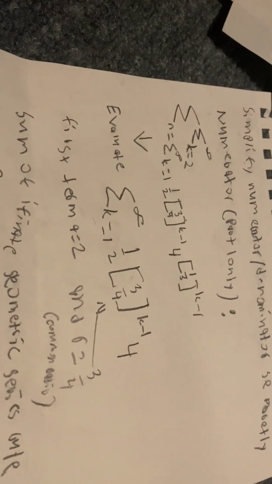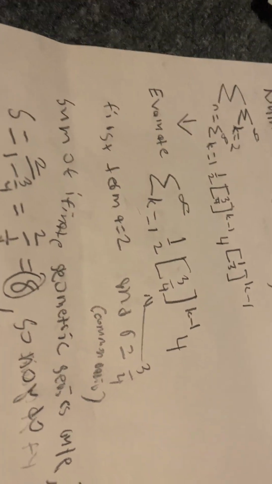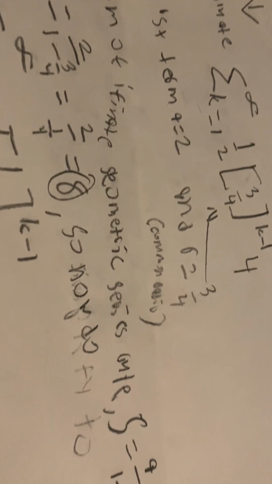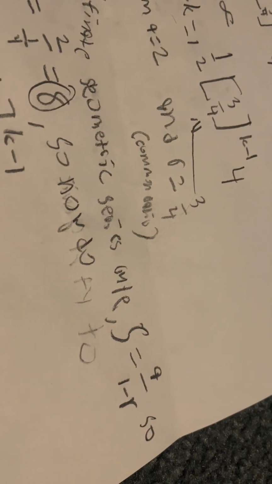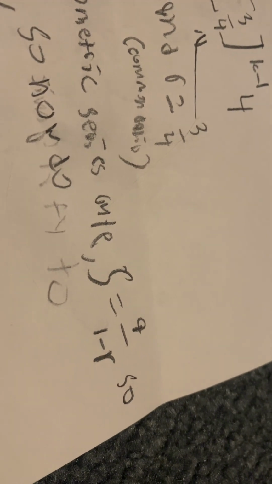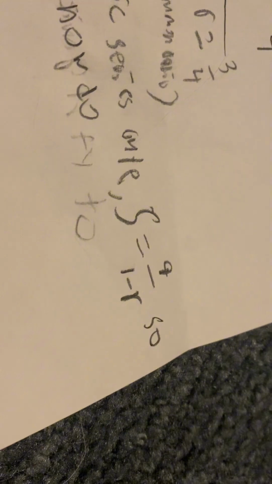I'm trying to remember which rule. I will cut a part of this video to show a rule that I was using, but right now I'm not quite sure about it. So we have the common ratio and A, which is just a placeholder. So now we use the geometric series rule, which is basically saying the sum is A divided by 1 minus R, or the common ratio.